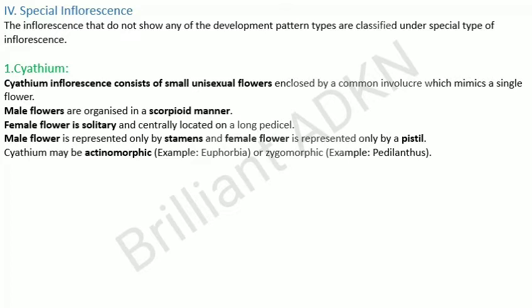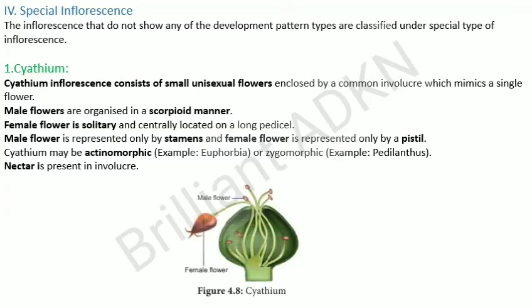Next, nectar will be present in the involucre only. See, this is the Cyathium, where you can see the male flowers, they are unisexual, and the female flower which has a long pedicel, and it is solitary.